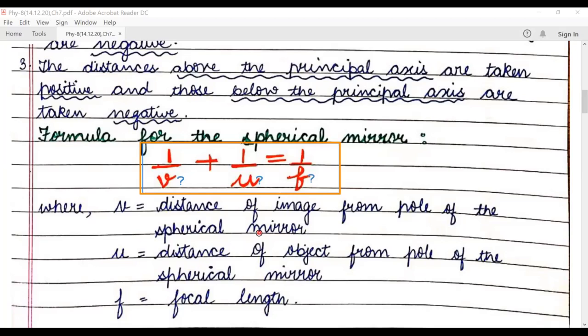By spherical mirror, I mean both types of mirror, that is concave and convex mirror. While u, small u, is the distance of the object from the pole of the spherical mirror. And f is the focal length of the spherical mirror.